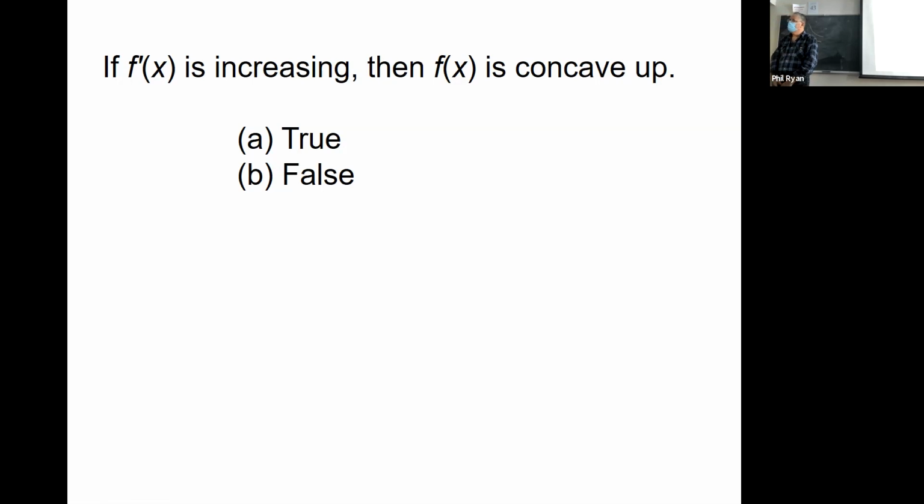If F prime is increasing, that means it's getting steeper, right? So if F prime is positive, it's going to get like this. And if it starts off negative and it's increasing, it's going to look like this. So is that concave up? Yeah, that is true.